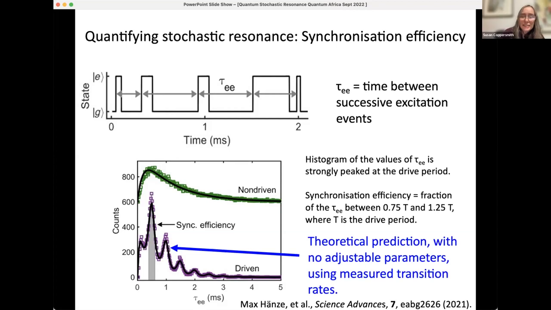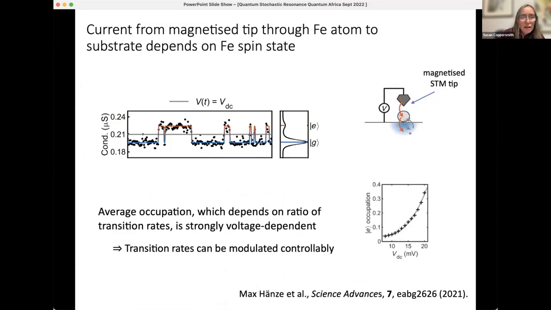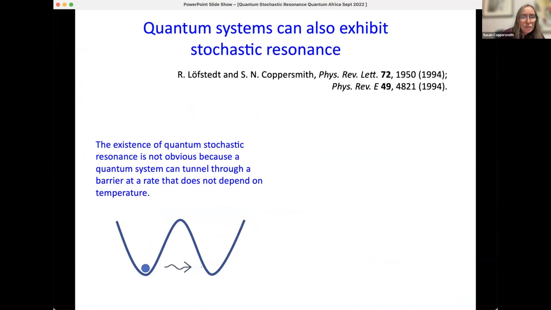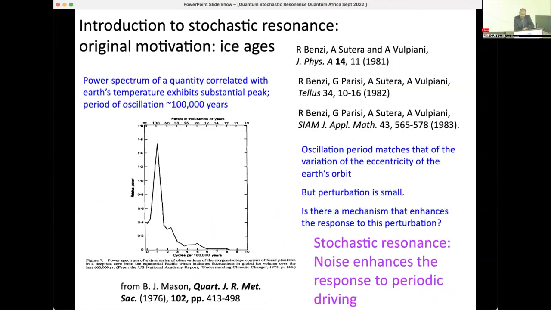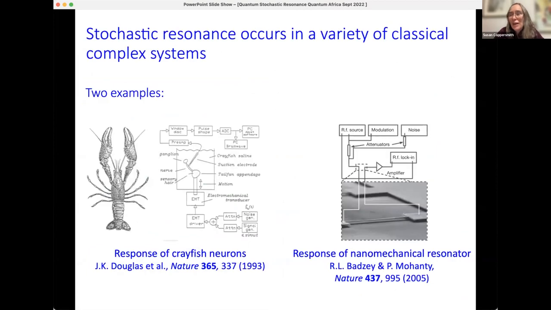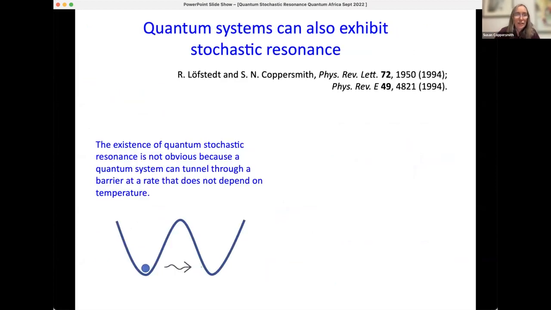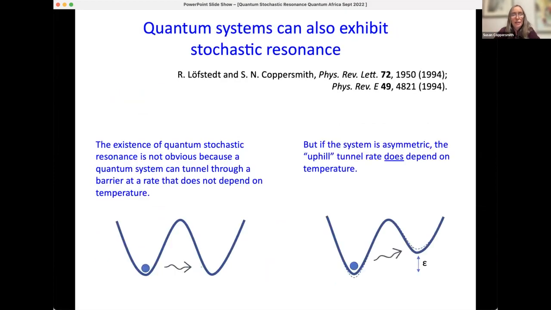I'm not sure I showed this. Okay, let me actually go back. There's a little bit under the rug; I tried to hide it. If you look as a function of noise, then you absolutely get a peak as a function of noise amplitude.